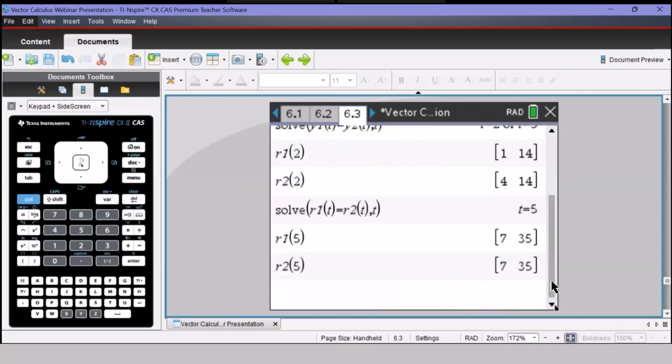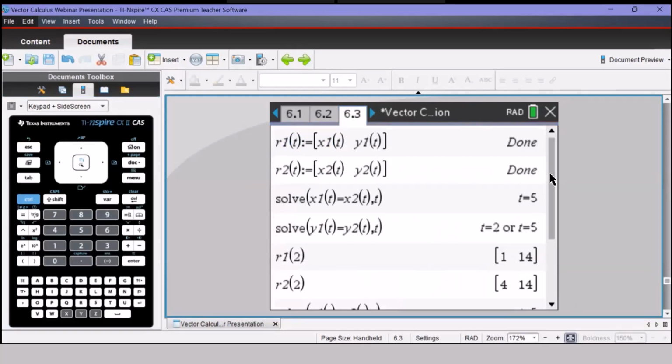It's quite a similar analysis to those two particles that didn't collide. So I've assigned R1 of t to be x1 of t i plus y1 of t j, and R2 of t to be x2 of t i plus y2 of t j.